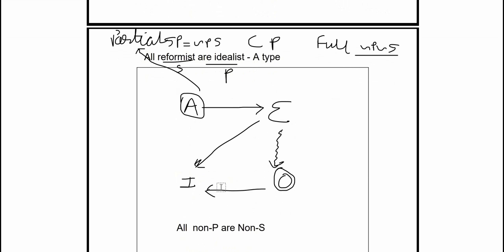If we just draw a diagram like this, A gets converted to E, E gets converted to I, and O gets converted to I for partial. But for full, the circle ones apply. That is, A remains in A, O remains in O, E goes to O, and the subject and predicate are interchanged for contrapositive.